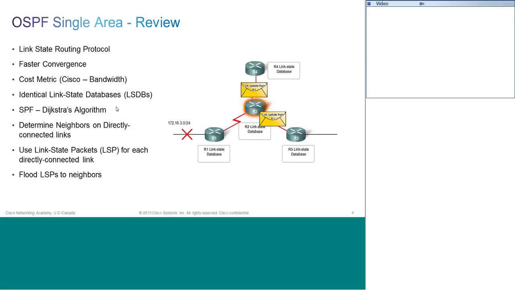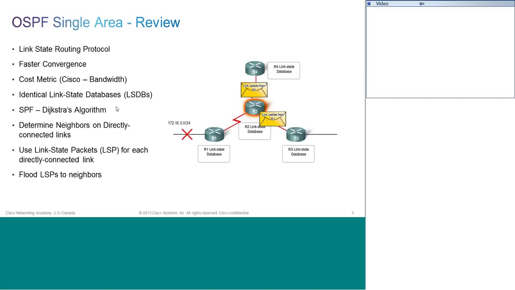This algorithm is based on the cumulative cost to reach a destination. The SPF algorithm creates an SPF tree by placing each router at the root of the tree and calculating the shortest path to each node. The SPF tree is then used to calculate the best routes.